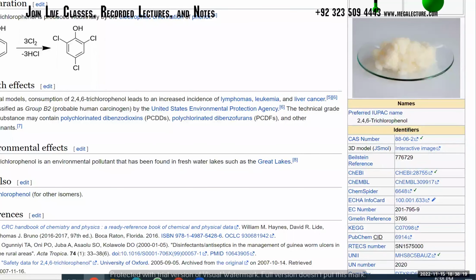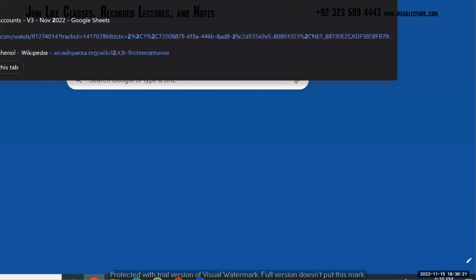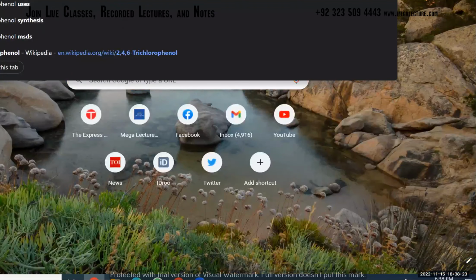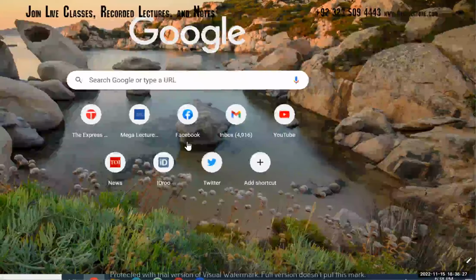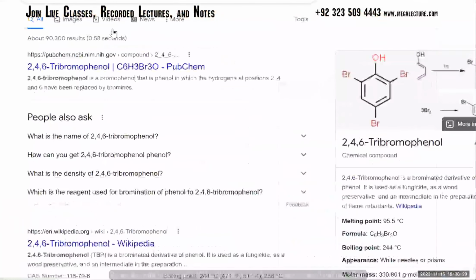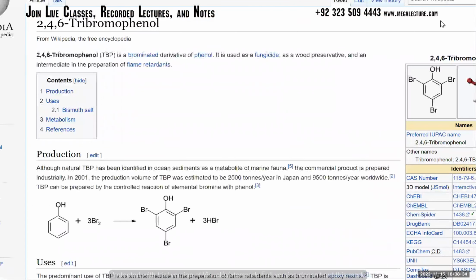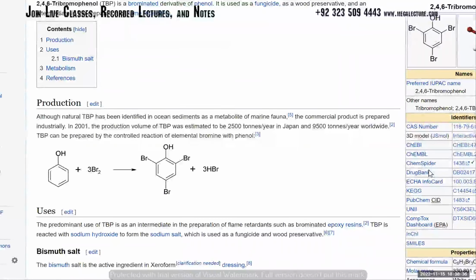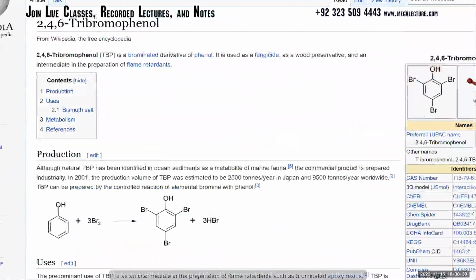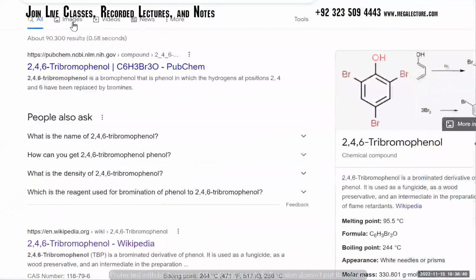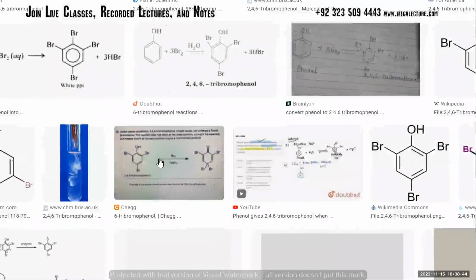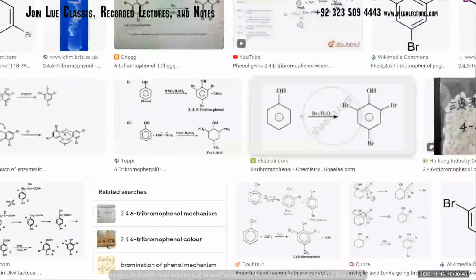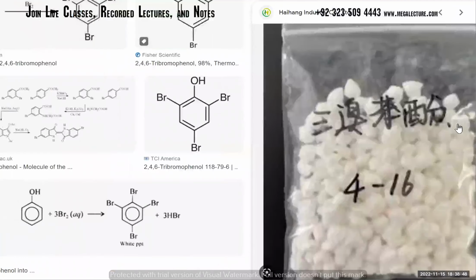I'll show you 2,4,6 tribromophenol. That's a tribromophenol. इसका image नहीं है. So this is, both of them, they kind of look exactly the same.